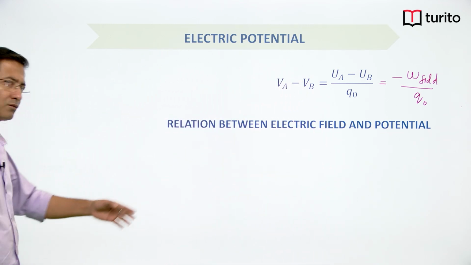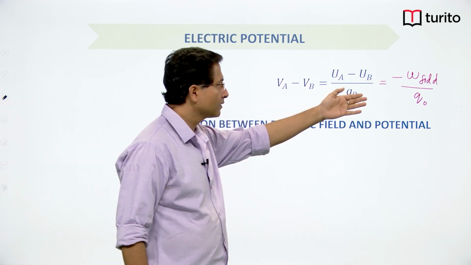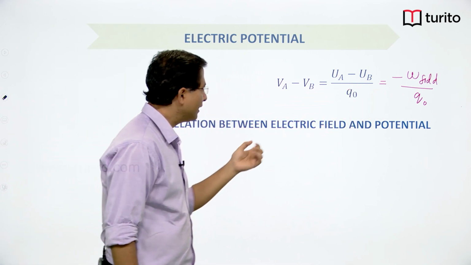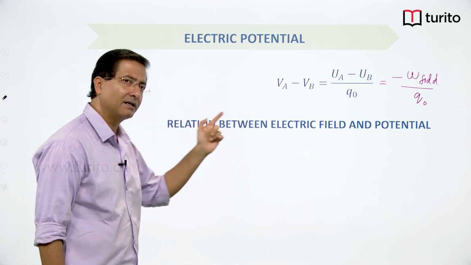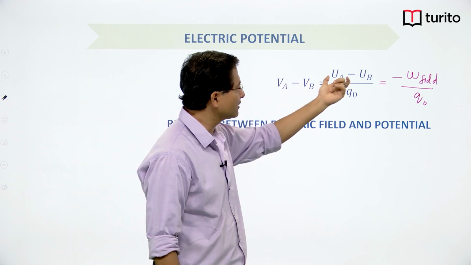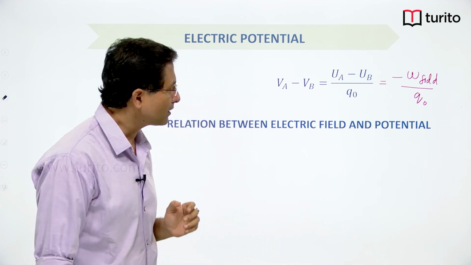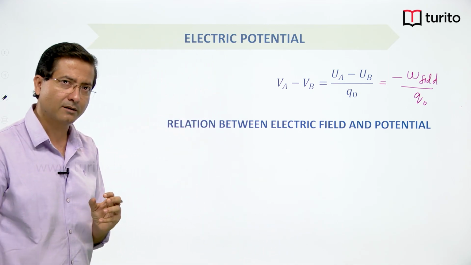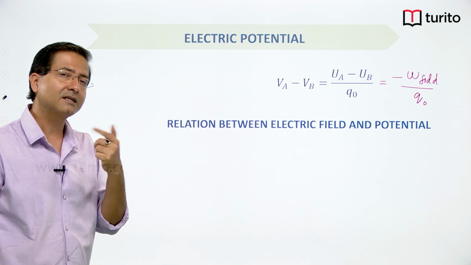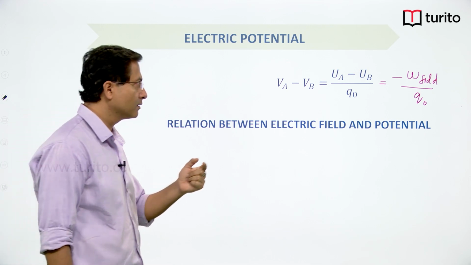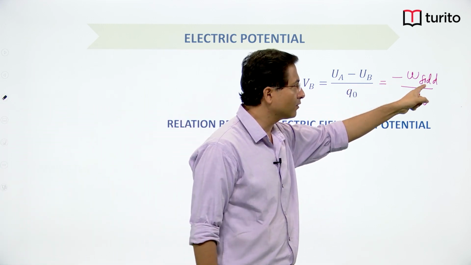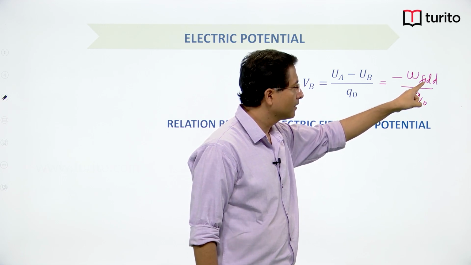Now, related to this one, here I am defining potential difference in terms of energy or work, right. And for work somehow field is responsible, field which is exerting force, field which is exerting force will do work, right.